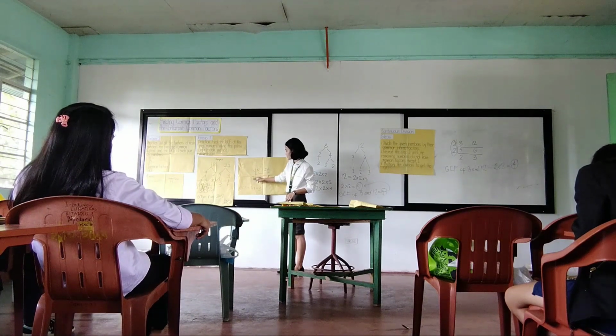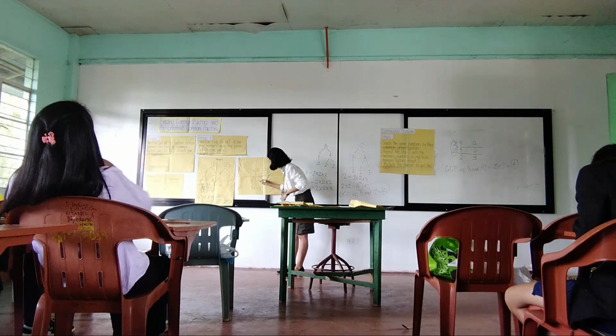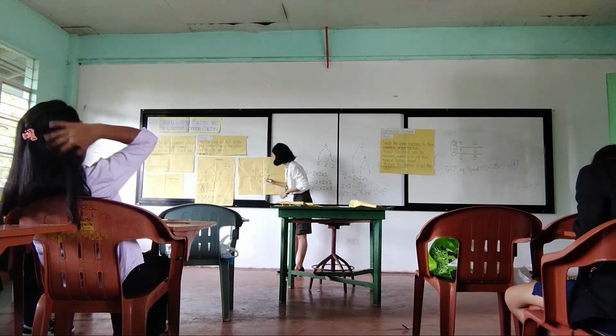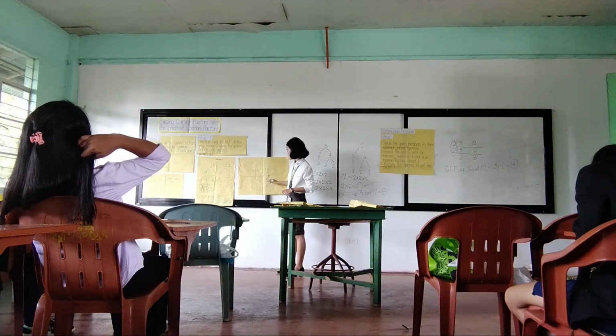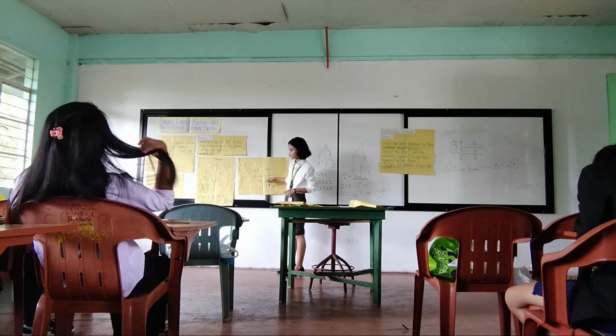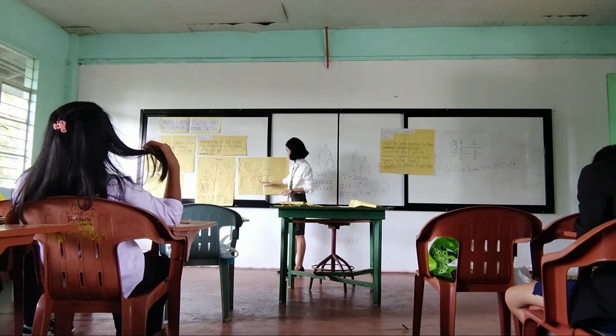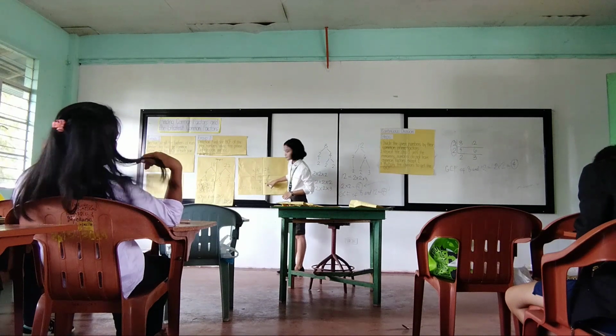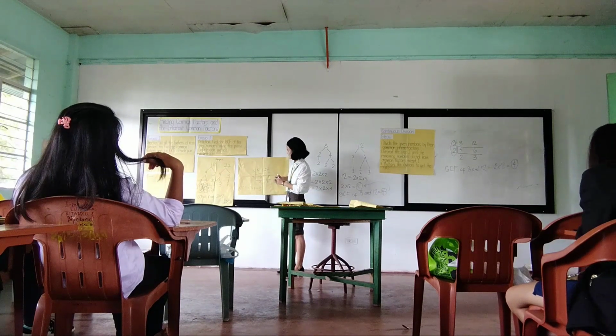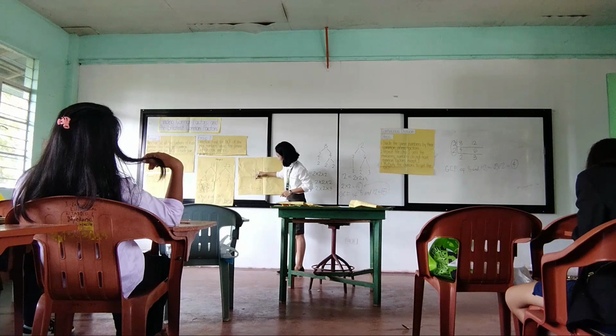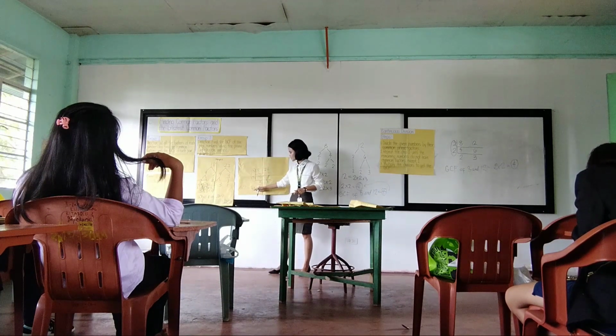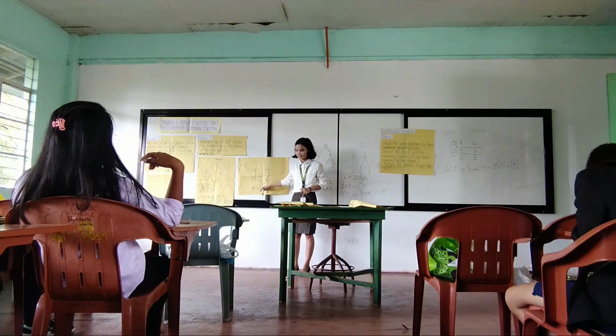So 6 divided by 3 is 2, yes, 2. And 9 divided by 3 is 3. There's 3 here. Okay, so 2 and 3 are prime numbers. So these are the divisors which you have to multiply. So the GCF, 3 times 3, is equal to 9.